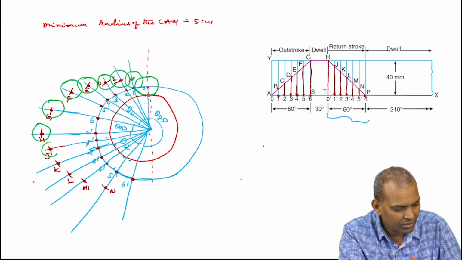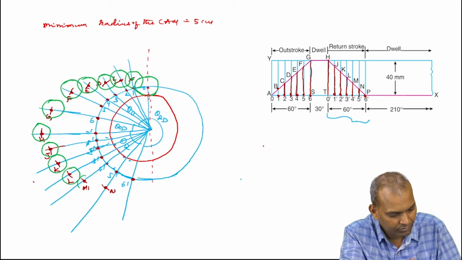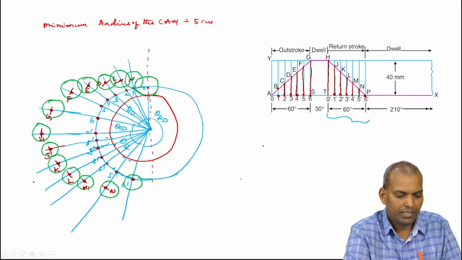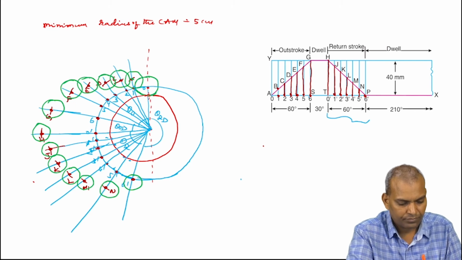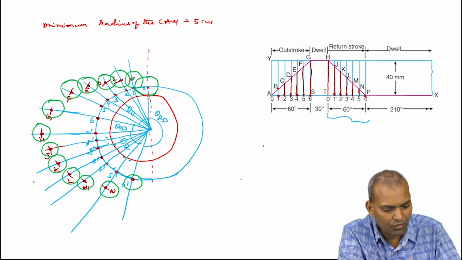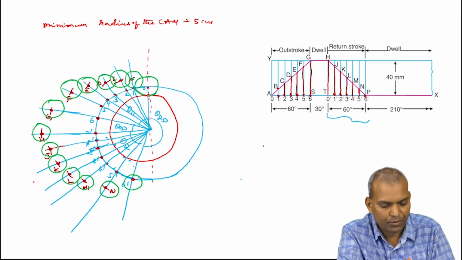All our rollers have a 5 millimeter radius, so the diameter is 10 millimeters. Next, what to do? You have to join the roller surfaces below. Then that is the cam profile.